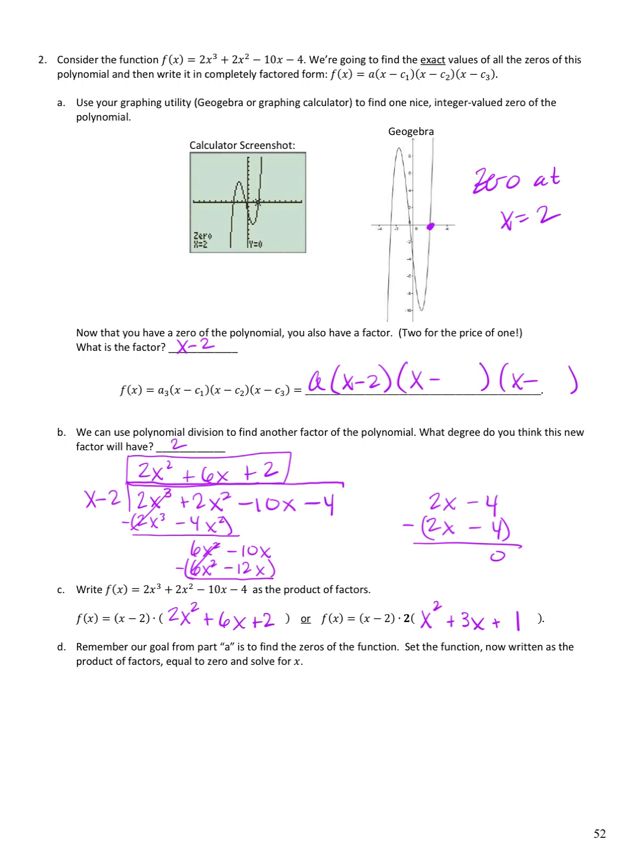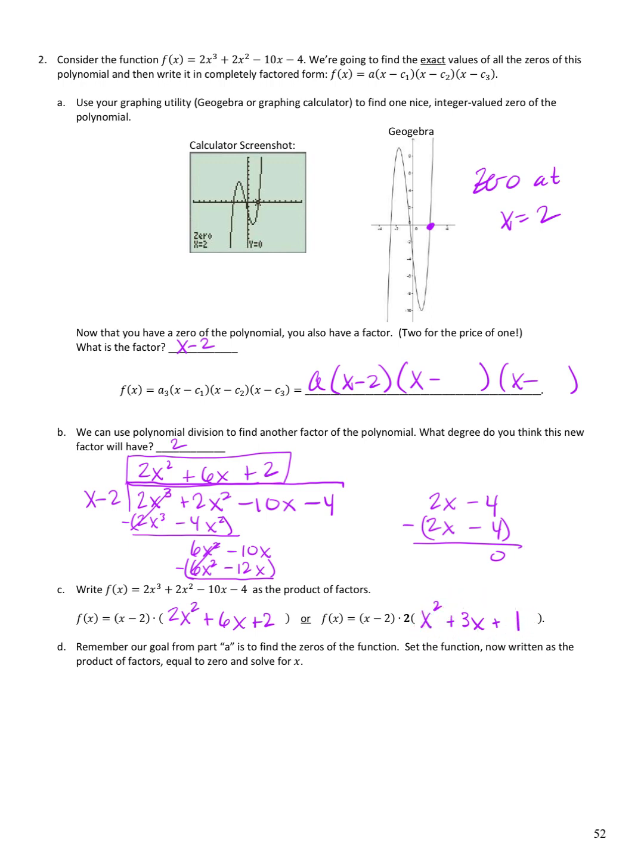So remember our goal from part A is to write this in completely factored form. It wants to be x minus 2 times x minus something times x minus something. So this quadratic is not quite in that form, but I did find the leading coefficient a, should be a 2.